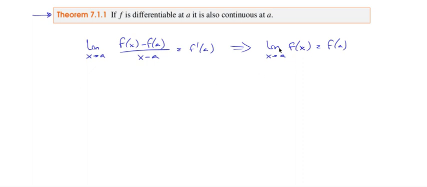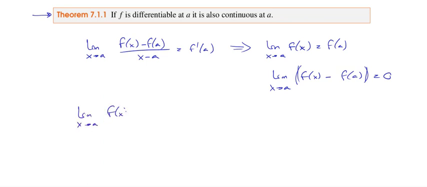But this is equal to saying that this difference is 0. So let's see, what can we say about this difference? Well, the limit when x goes to a of f of x minus f of a, and then we're going to multiply and divide by x minus a.